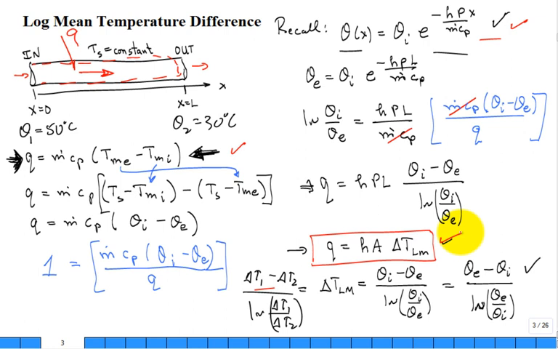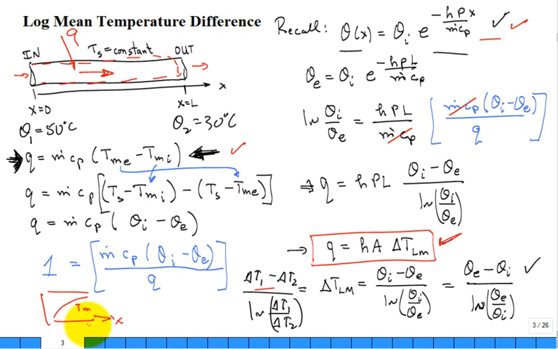If the pipe was short and stubby, and there wasn't a great change in temperature, maybe it came in at 50, went out at 30, then you could just use an arithmetic average instead of a log mean average. But if the profile really does experience some curvature, the mean temperature is changing like that as a function of location going down the tube, then you better use the log mean temperature difference or you could get some error.